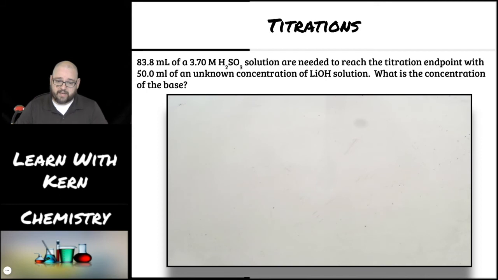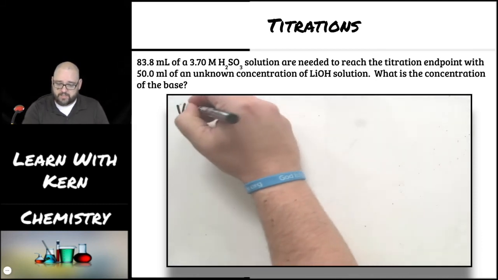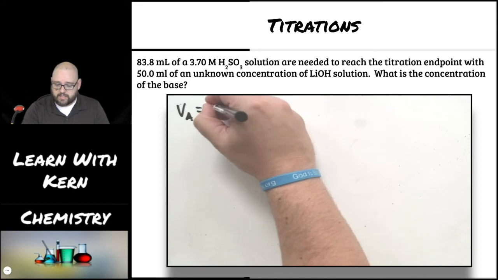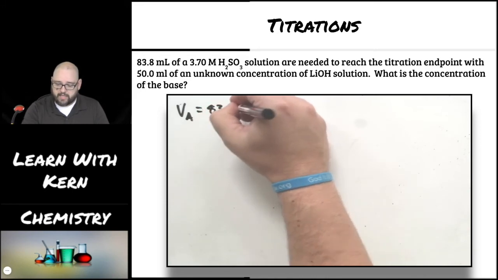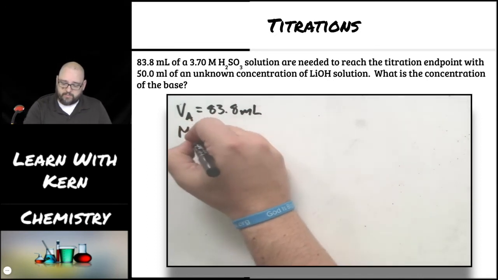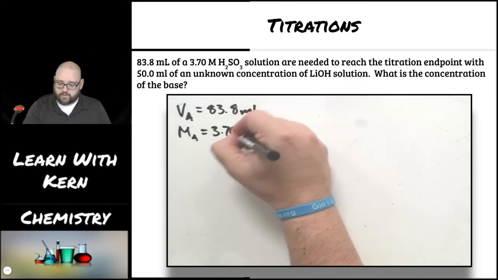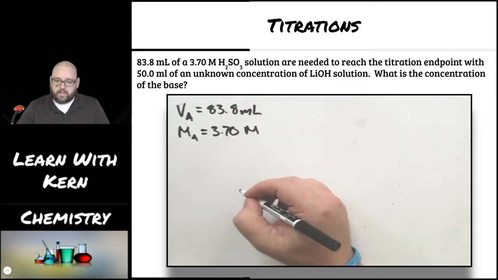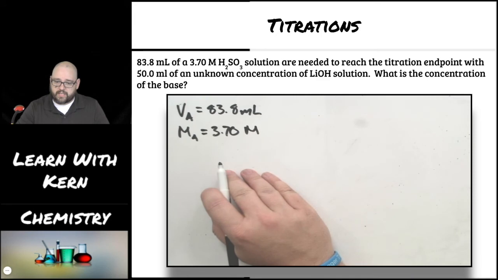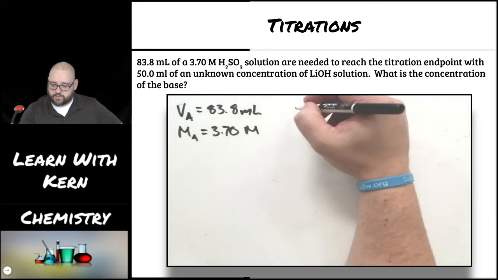In this case, we have 83.8 milliliters of a 3.7 molar H2SO4. So that is the volume of my acid, 83.8 milliliters, and the molarity of my acid is 3.70 molar, is needed to reach the titration endpoint with 50 milliliters of an unknown concentration.